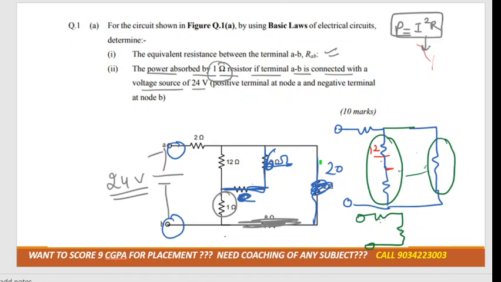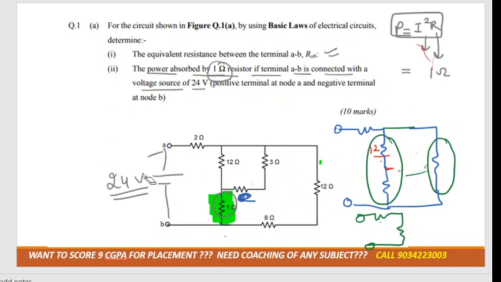So they have given the value of resistance, that is 1 ohm, right? If we get the value of current across 1 ohm, then we'll get the value of power also, right? And they have given the voltage also, that is 24 volt. So you can simply calculate the current by using Ohm's law.